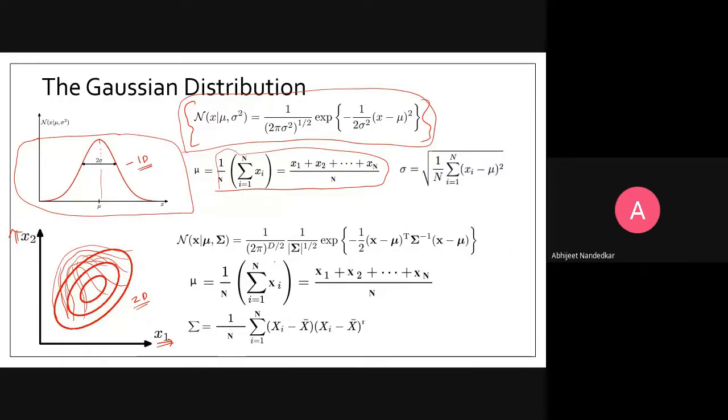Now the same thing you will see here extended for multi-dimension, say d dimension. So the 2D figure is like this. You can extend this concept of normal distribution to d dimension. So the formula is a little bit changed: 1 by (2 pi) to the power d by 2 into the determinant of sigma, this matrix, square root of this, into e to the power minus half (x minus mu) transpose sigma inverse (x minus mu).